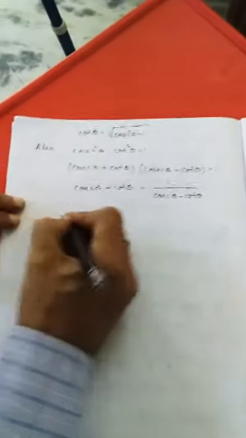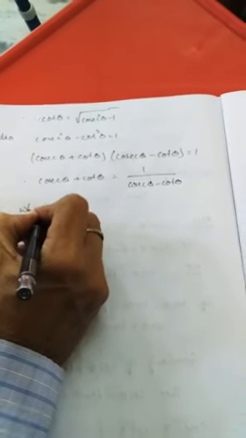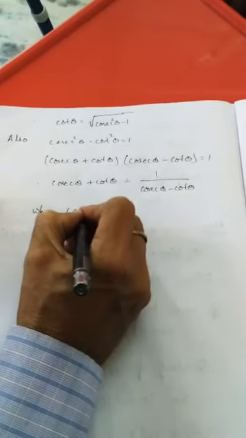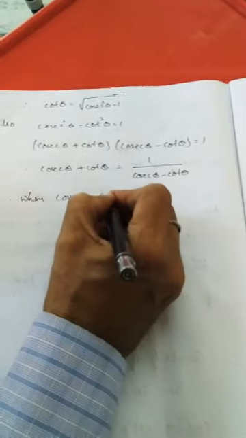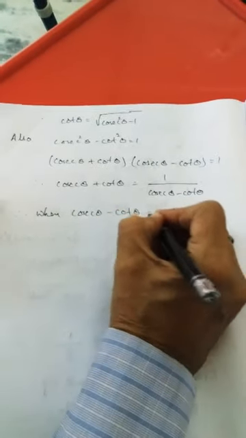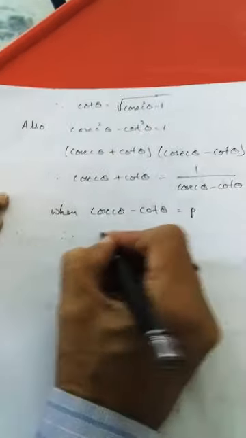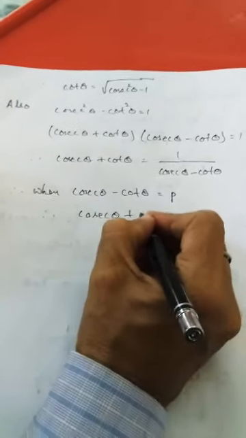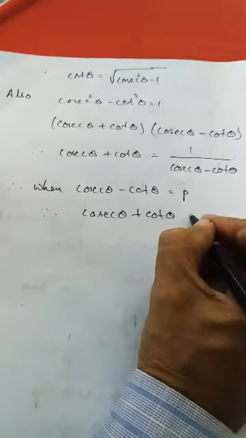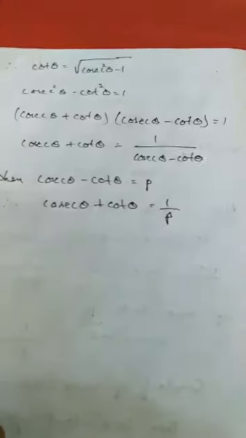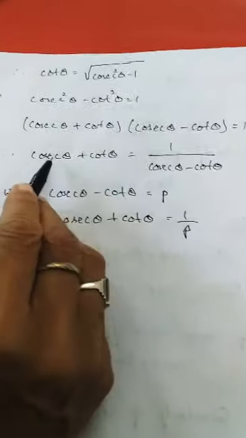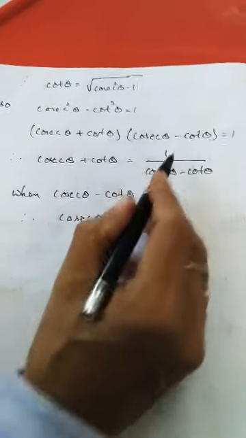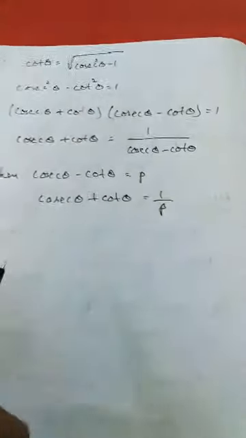Therefore, when cosec theta minus cot theta is equal to P, cosec theta plus cot theta is always equal to 1 by P. You remember the same thing here: cosec theta plus cot theta is equal to 1 by cosec theta minus cot theta.